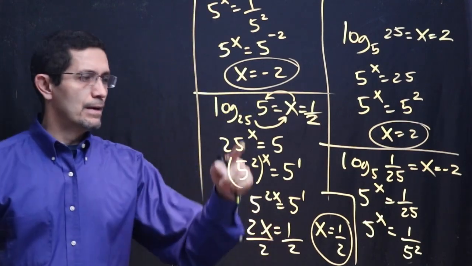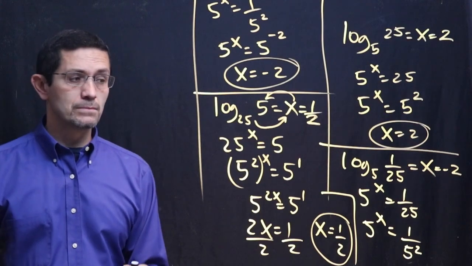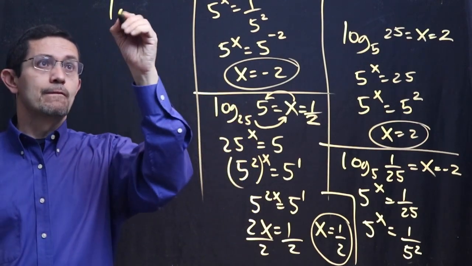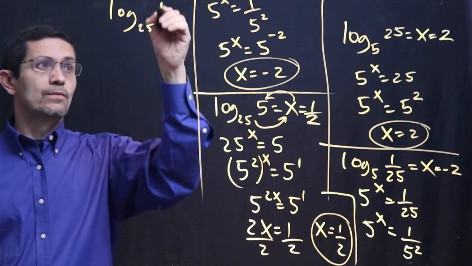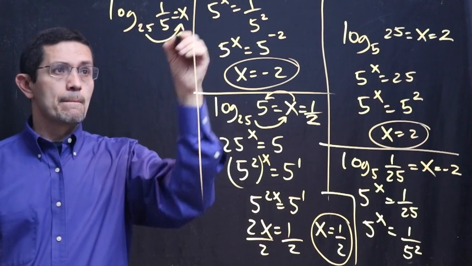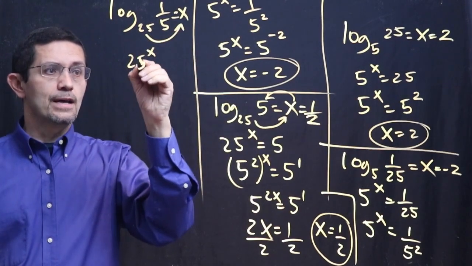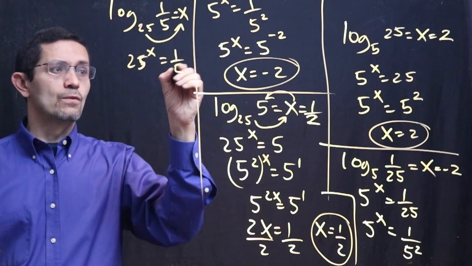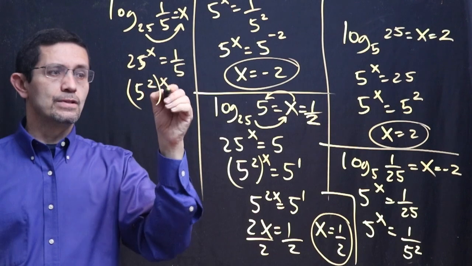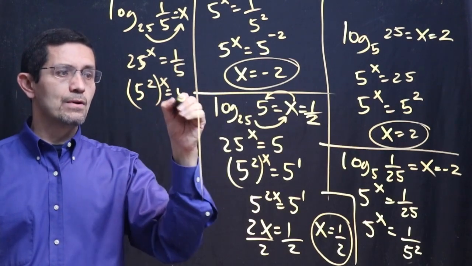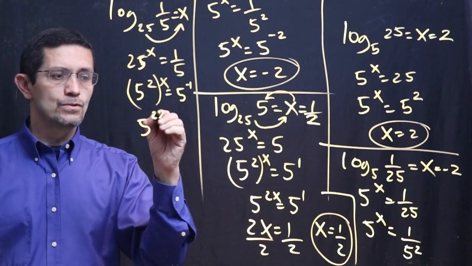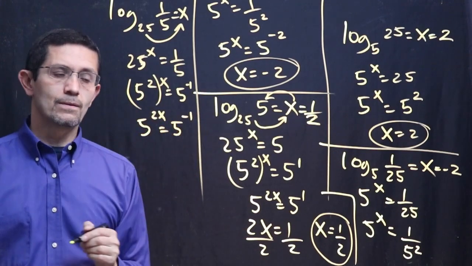Last one. Let's flip that. Instead of 5, let's do 1 over 5. So log base 25 of 1 over 5 is equal to what? 25 to the x power equals 1 over 5. 25 is 5 squared to the x, equals, that goes on the top, 5 to the negative first. 5 to the 2x, 5 to the negative 1.